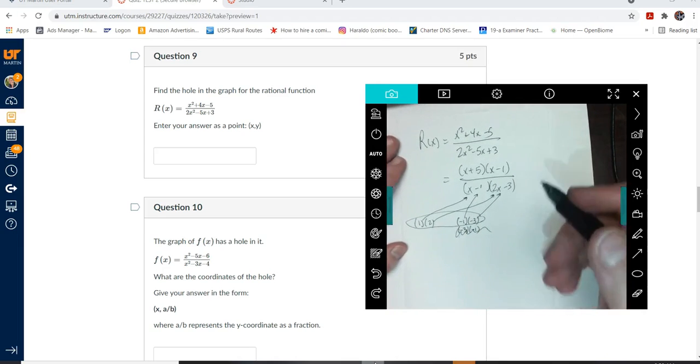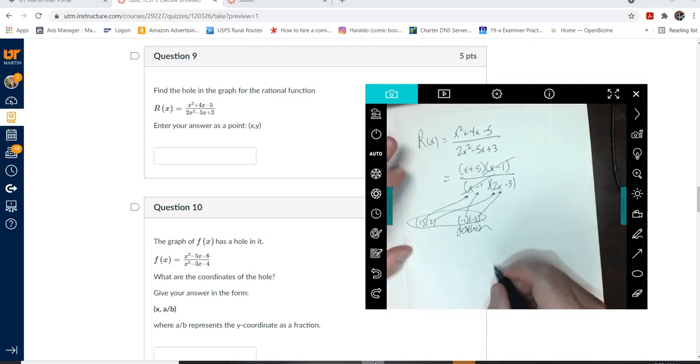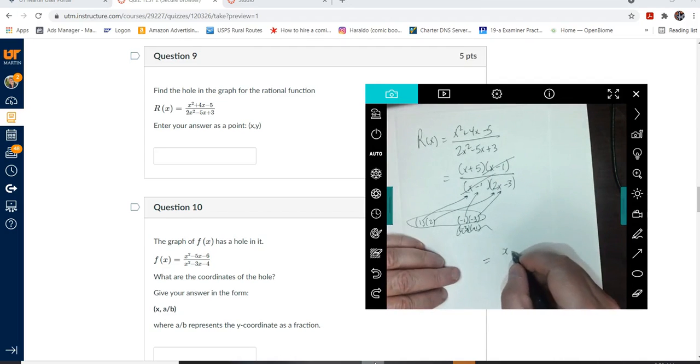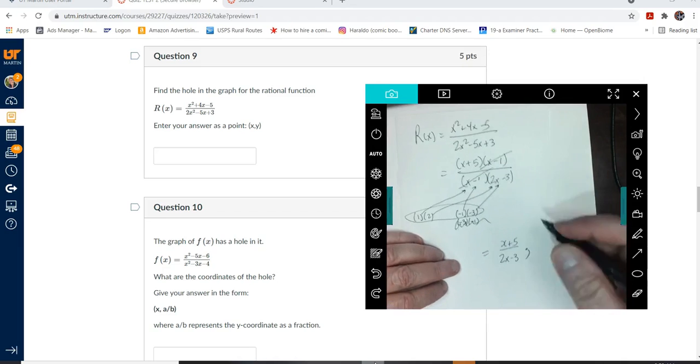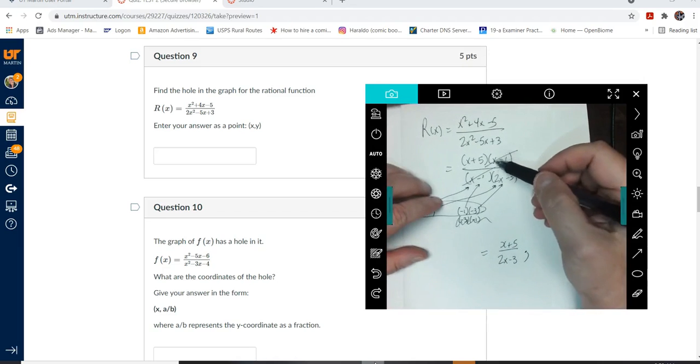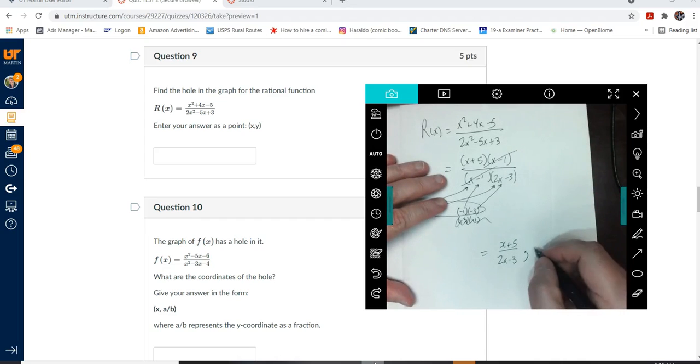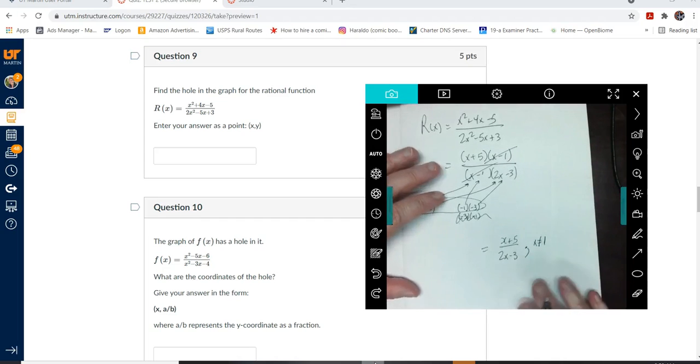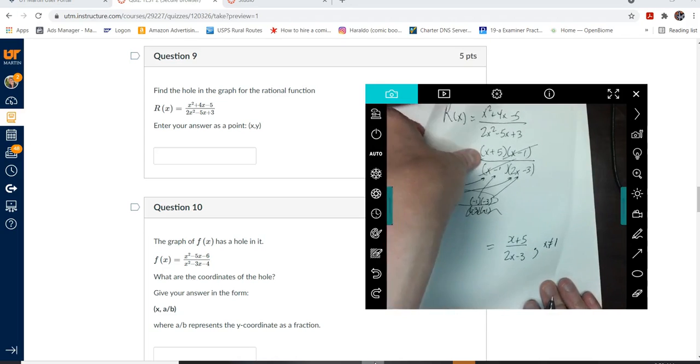Okay, so the x minus 1's cancel, and I'm left with this, but I could only make this cancellation if x was not equal to 1. Now I've got it in lowest form.